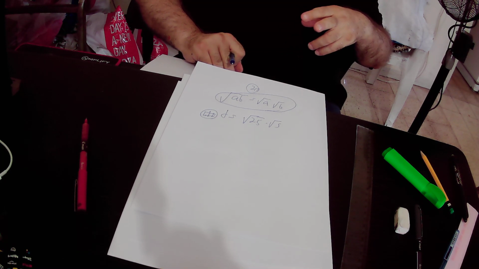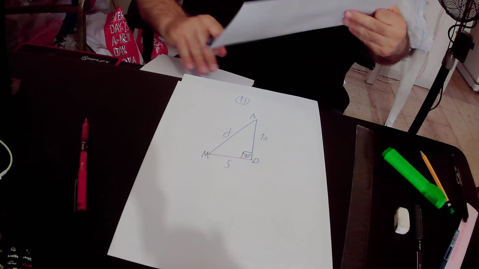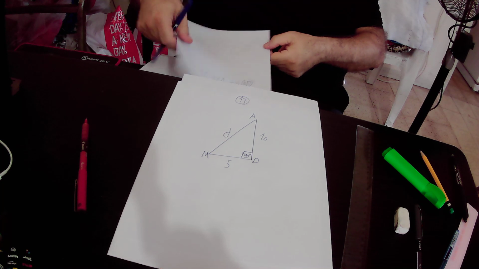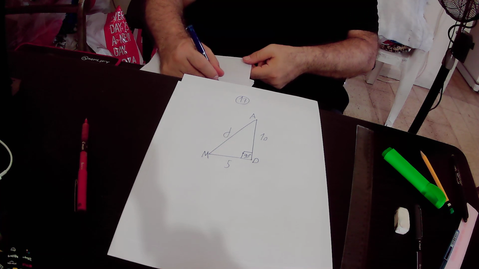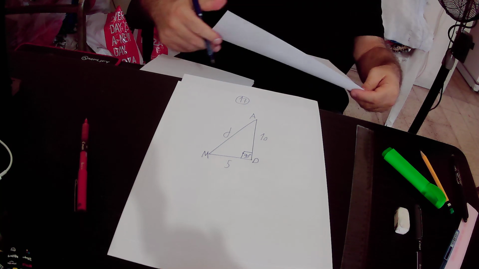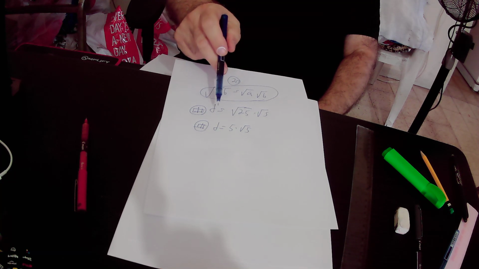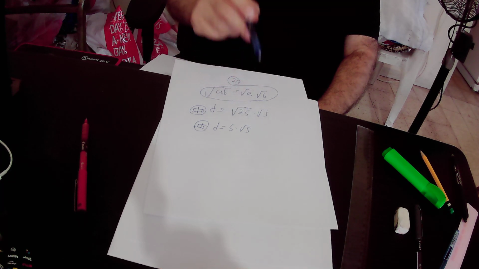We know that the root of 25 is 5, so we got that d equals 5 times root 5.